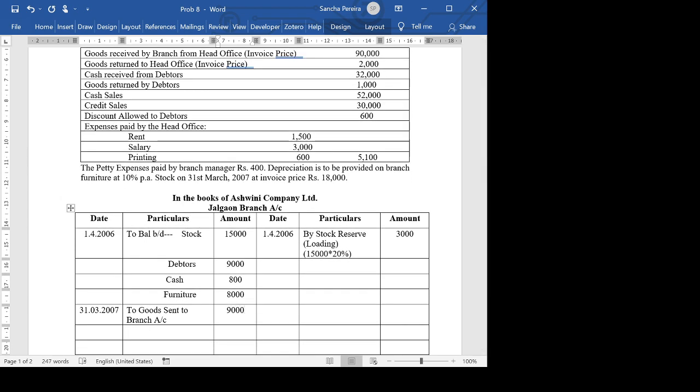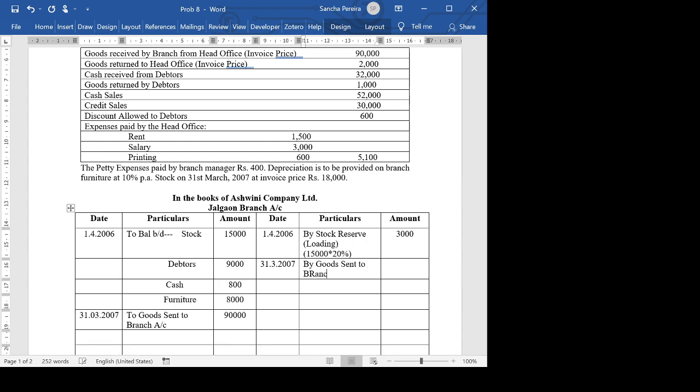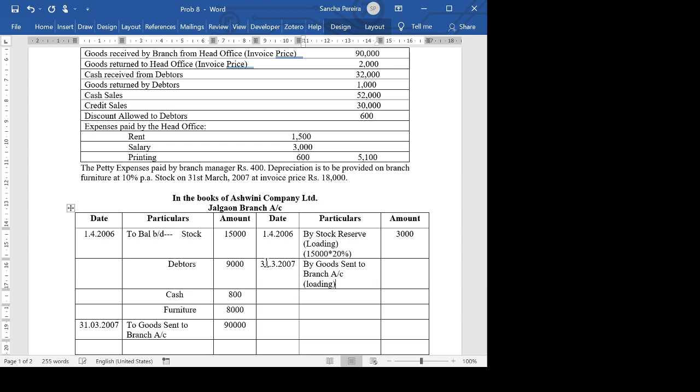And since it's at invoice price, on the other side we have to calculate loading accordingly. 31st March 2007, by goods sent to branch account. In bracket, this is the loading to eliminate that element of profit.